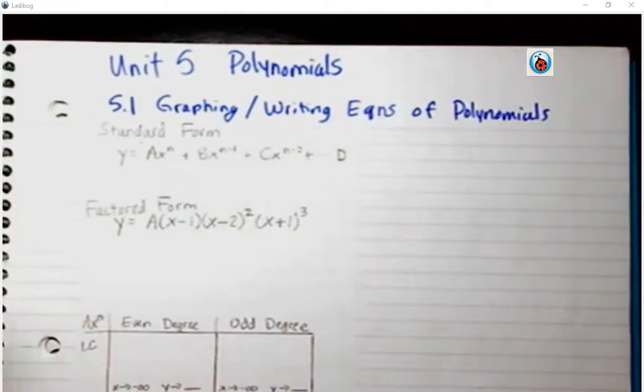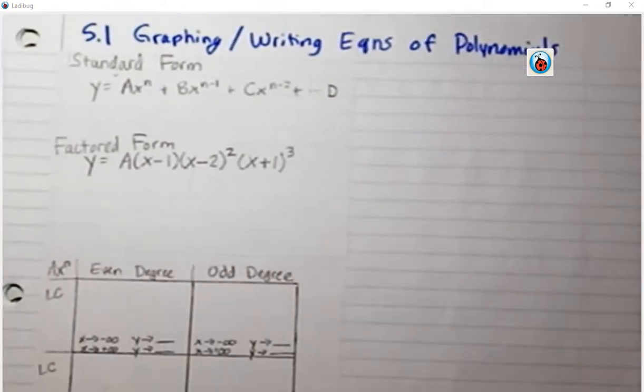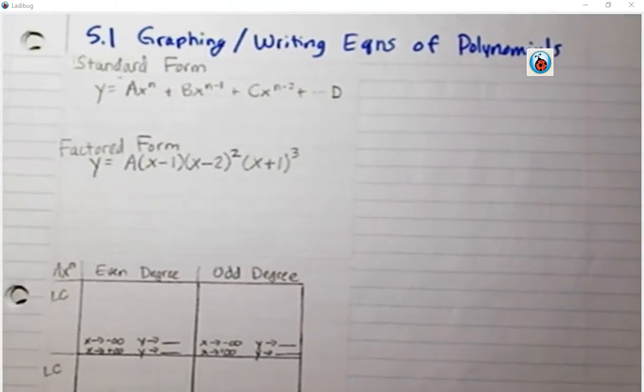In order to graph polynomials, we have 3 things you have to know. One of them is the leading term. The other one is the end behavior. Where do my arrows go?